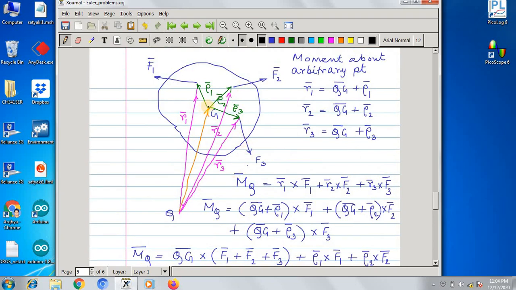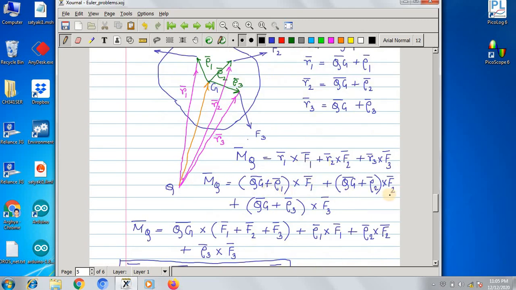Because MG means rho 1 cross F1, rho 2 cross F2, rho 3 cross F3, like this. And what is MQ? That is r1 cross F1, r2 cross F2, r3 cross F3, and r1 can be replaced by QG plus rho 1, r2 by QG plus rho 2, and r3 by QG plus rho 3.